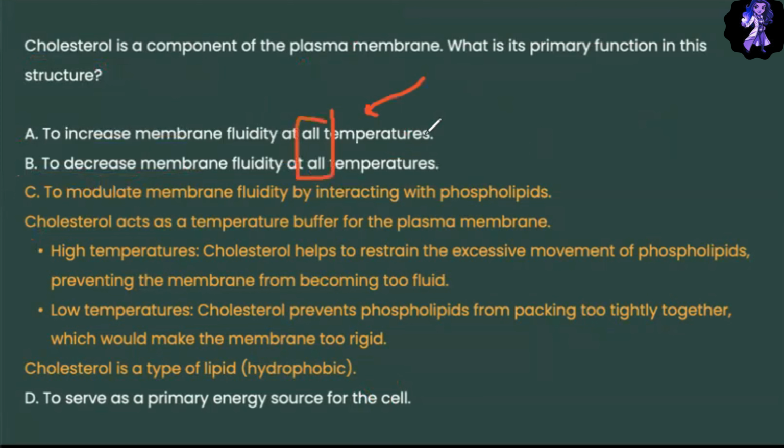So in terms of the new digital hybrid-based AP Biology exam, just note that when they give words like all or always or every single time, those are extreme words, which we don't like in science. So oftentimes those answer choices can be eliminated.